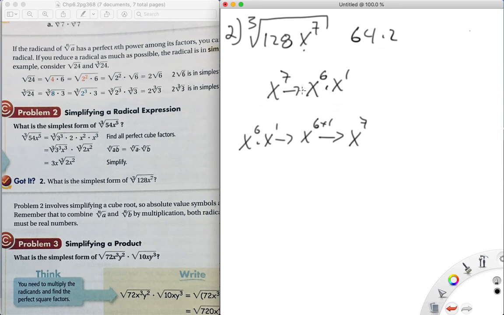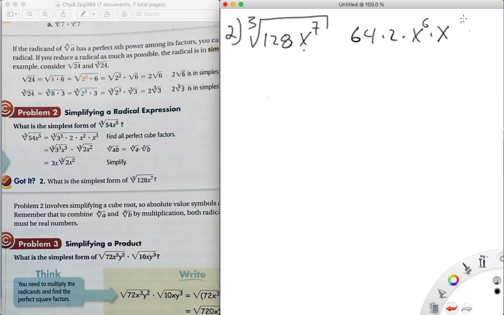So these guys are equivalent expressions. Well, I can do the cube root of x to the 6. I'll just divide it, and that's going to be x squared. And I leave the x to the 1 over here. Then that's times x to the 6 times x, and all of this is cube rooted.